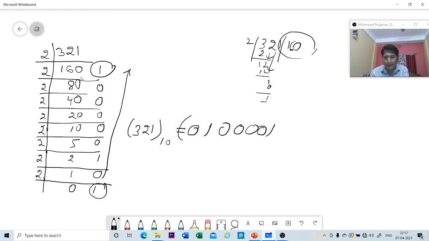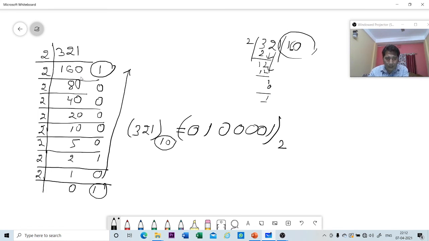So we can say that the equivalent binary code or machine code for 321 is 0 1 0 0 0 0 1. Okay, so always remember, don't forget to use the base here.